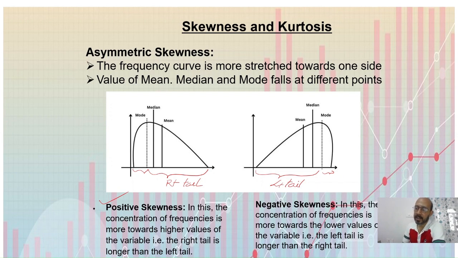Skewness measures the shape of the distribution. A distribution is symmetrical when the proportion of data at an equal distance from the mean or median is equal. If the values extend to the right, it is right skewed, and if the values extend to the left, it is left skewed.